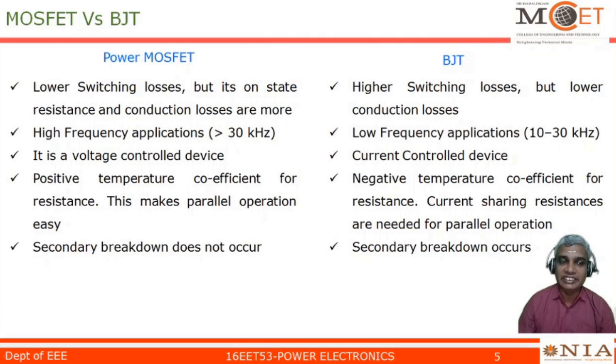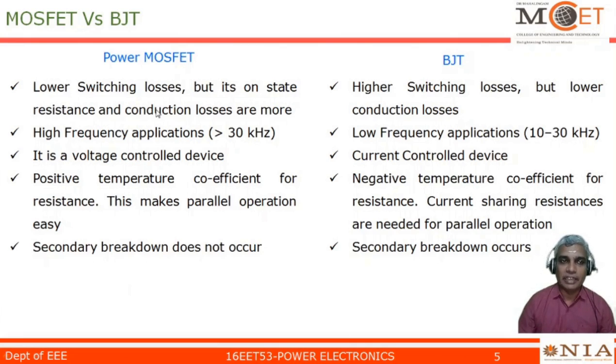It can be easily operated without using any additional component in case of parallel operation. In the case of power MOSFET, secondary breakdown does not occur, whereas in the case of BJT, secondary breakdown occurs because collector current is dependent on base current. Hence, the junction temperature increases. This junction temperature will lead to secondary breakdown.